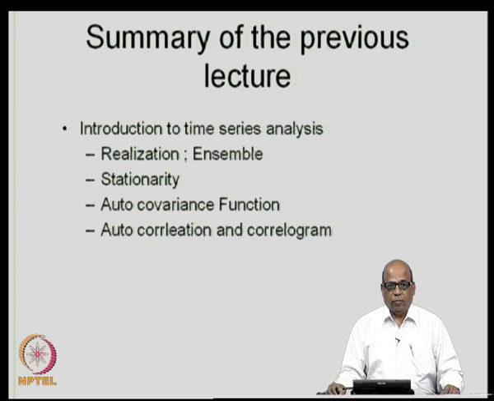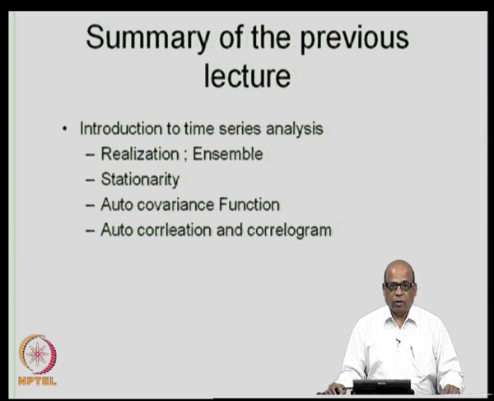If you recall, the time series is supposed to be stationary if the properties across time remain the same. For example, the PDF of x t is the same as PDF of x t plus tau for all t. Then we say the time series is stationary.